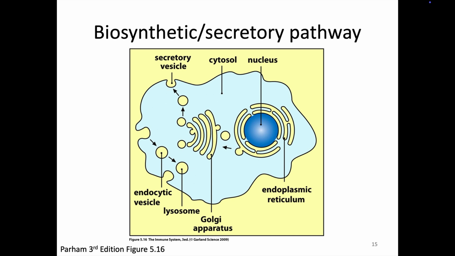So stuff can move between those different compartments by little vesicles blebbing off from one and fusing with the other, and you'll see that on the next slide. And so this whole interconnected area of these yellow compartments is the biosynthetic secretory pathway, also known as the endocytic pathway, also known as the secretory pathway.